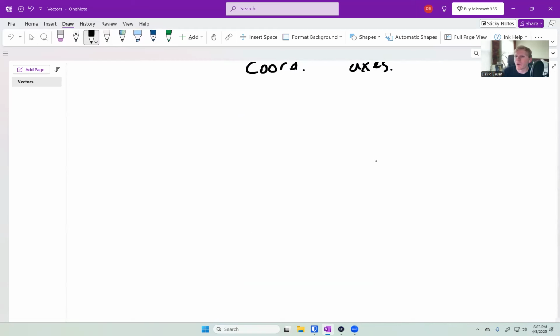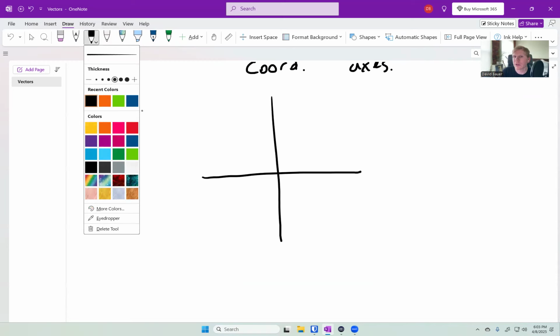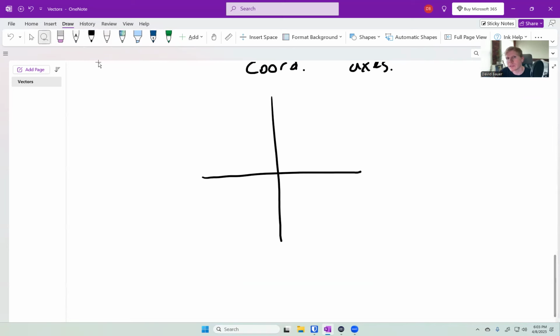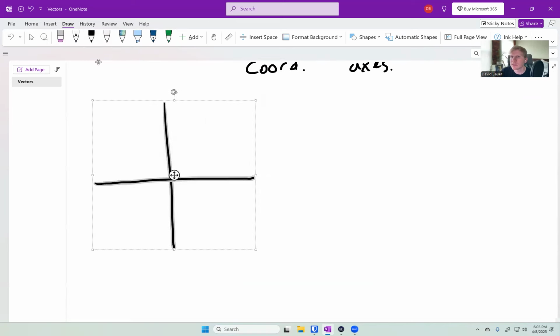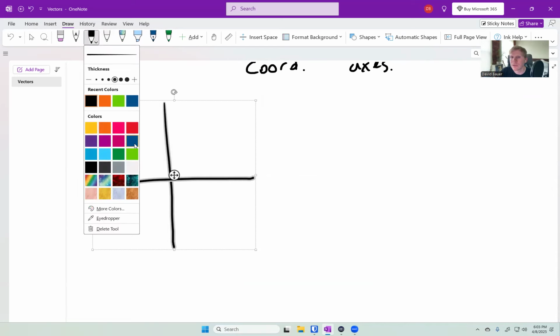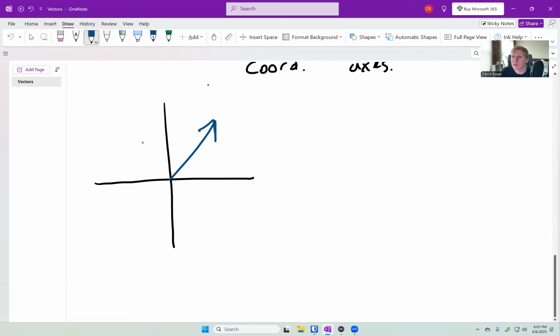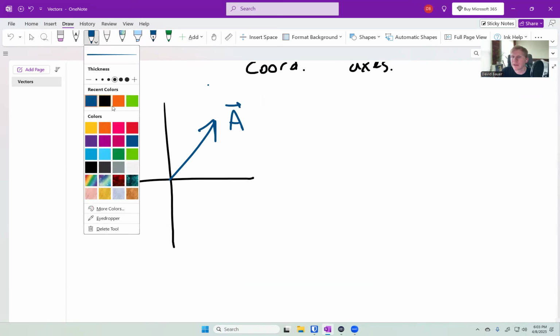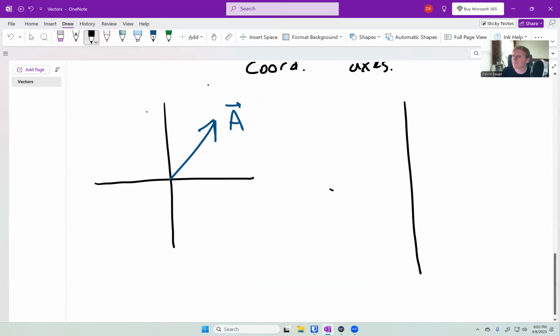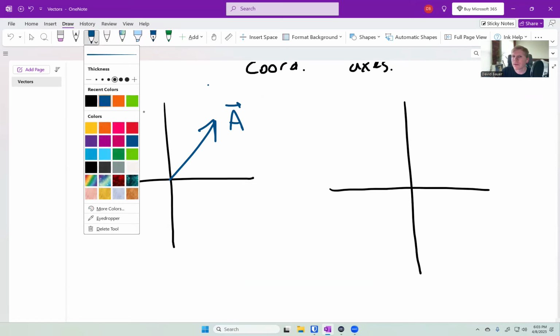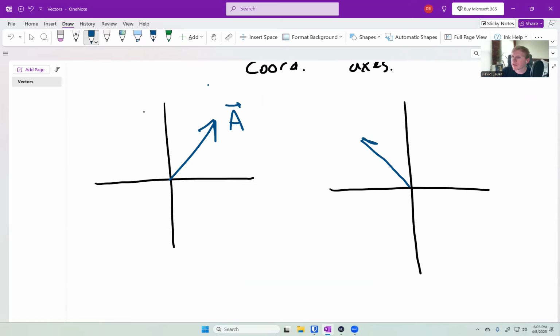So, for example, I'll do two different examples here, say vector A and vector B. What do I mean by the projections?